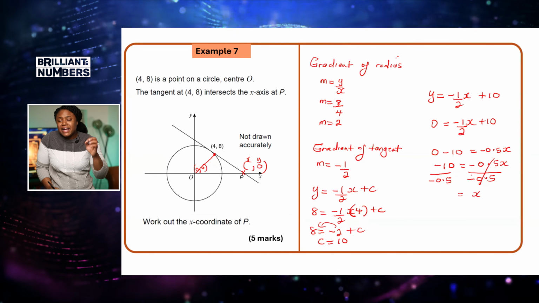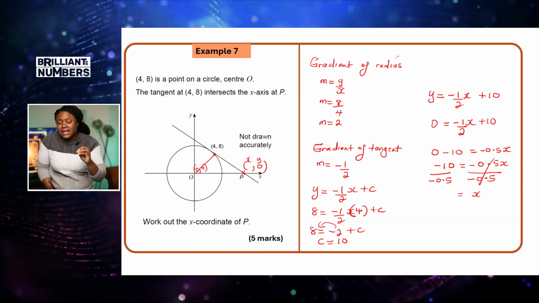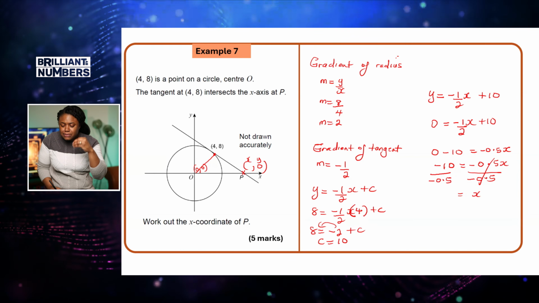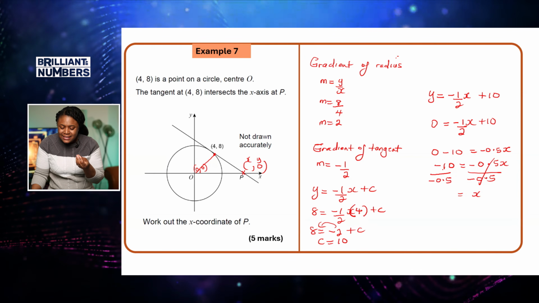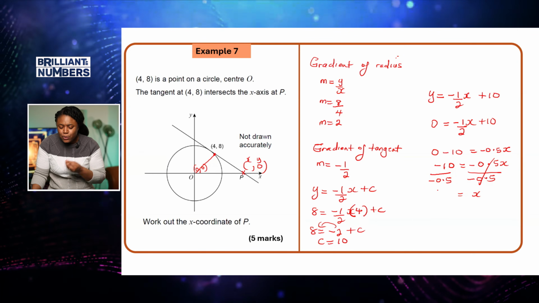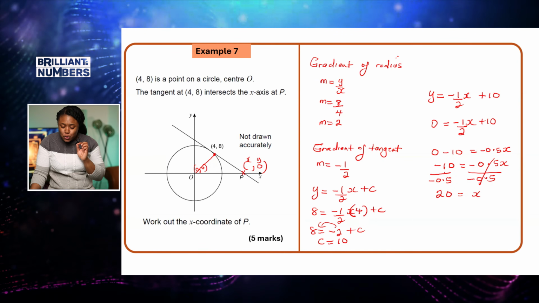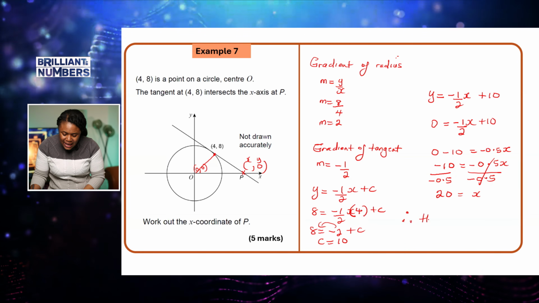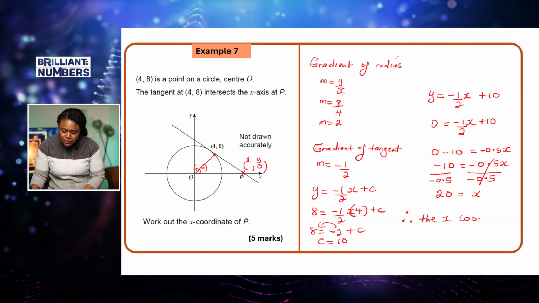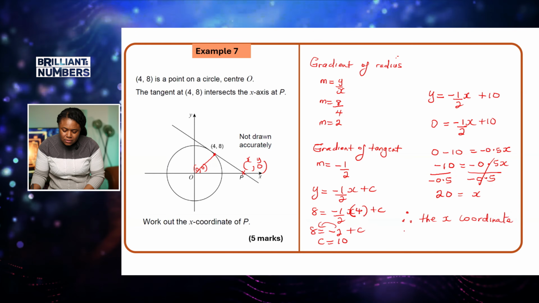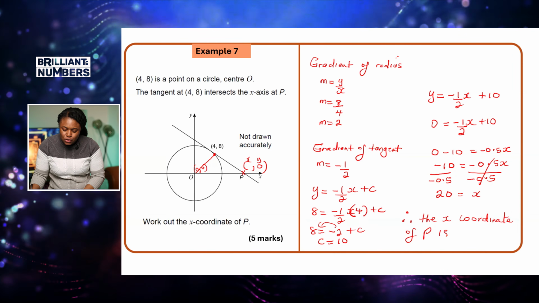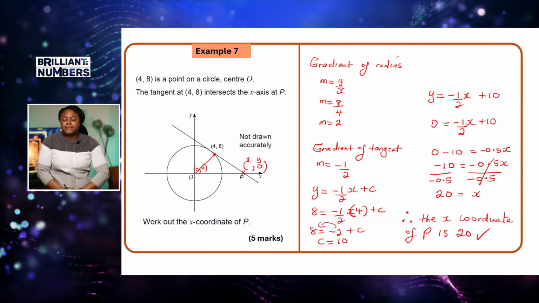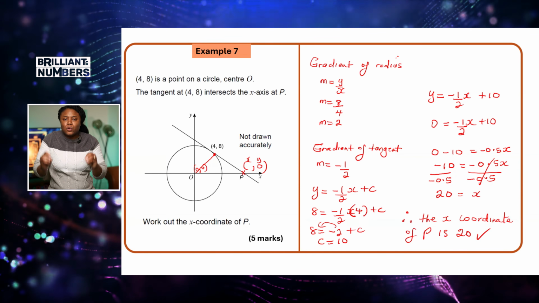So remember, dividing two negatives gives a positive, and dividing by a half is the same as multiplying by 2. So minus 10 divided by minus 0.5 is 20. But you must end intelligently. Therefore, the x coordinate of P is 20. Beautiful. Remember, it's very important to answer the question that you were asked.